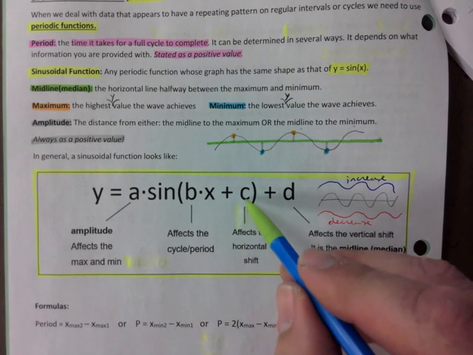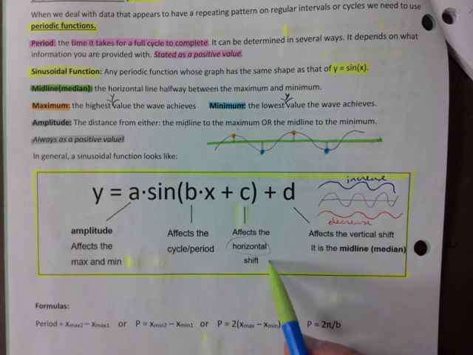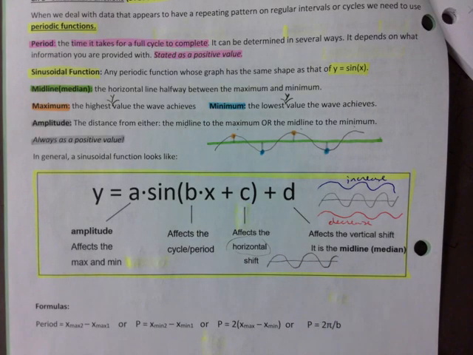And what does C do? C affects your horizontal shift. So I will try to fit another one in here. If this is your original sine wave, C can shift it either left or right.